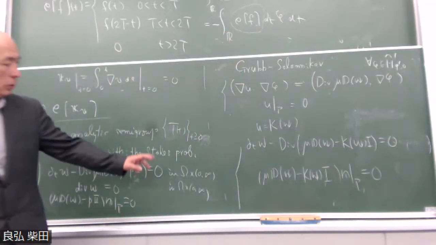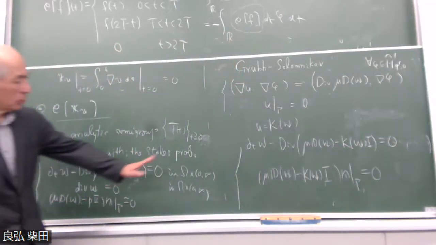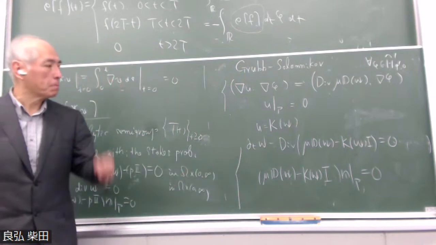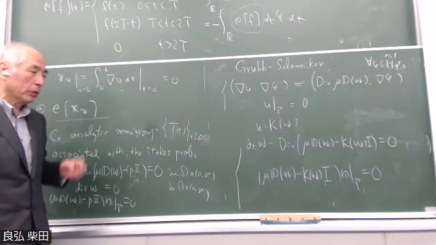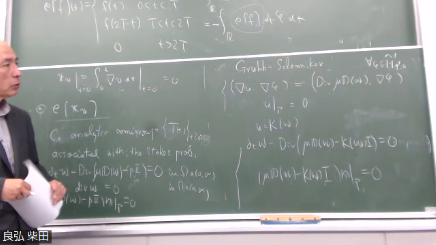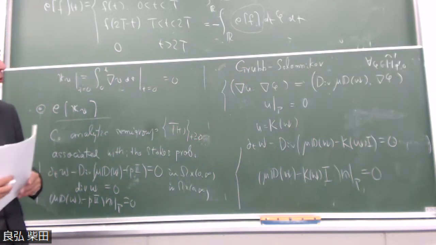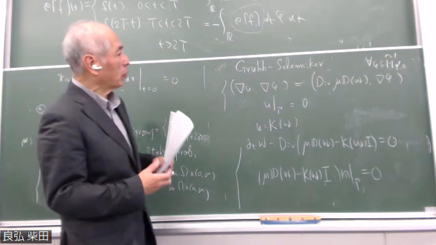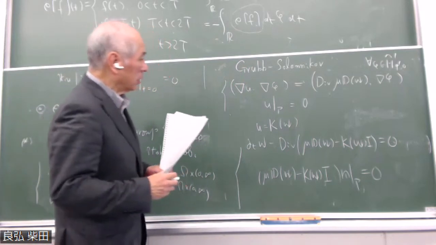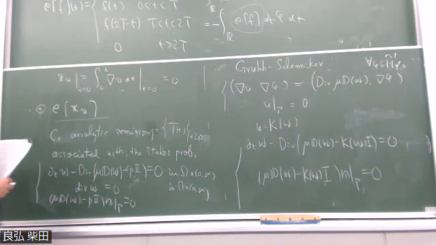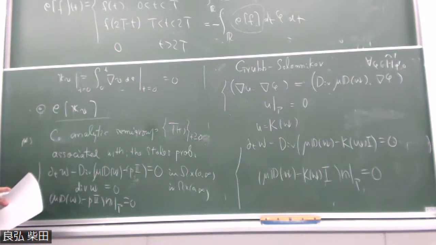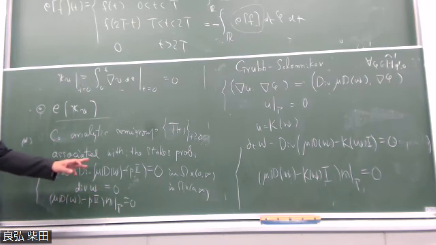In this way, you can show that this problem and this problem are equivalent. Maybe I already explained. This is one of the important points in considering the Stokes equations. Okay. Anyway, please believe that you can construct the analytic semi-group associated with the Stokes problem of this one.